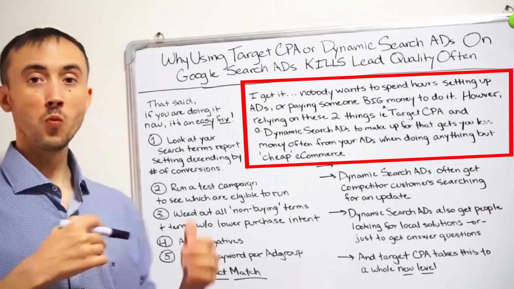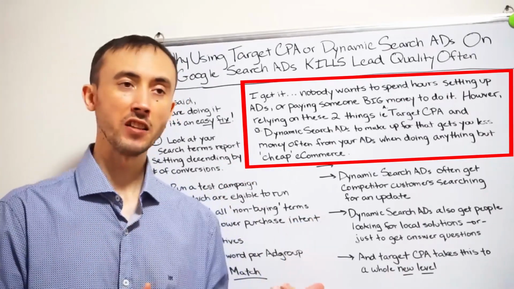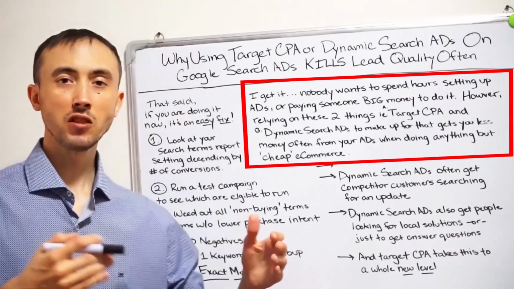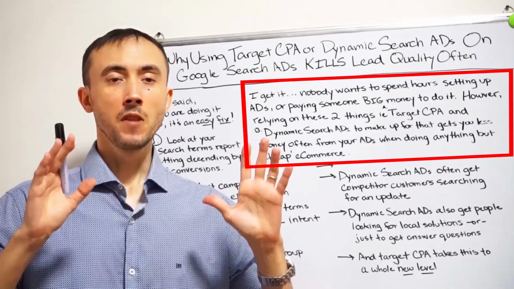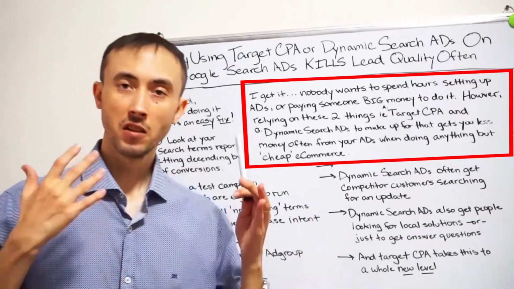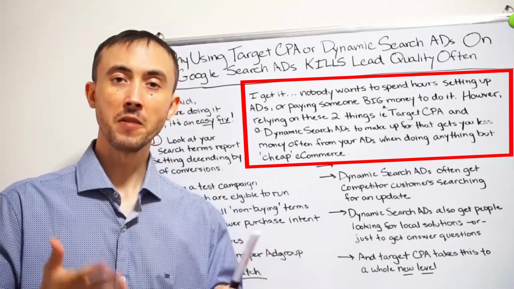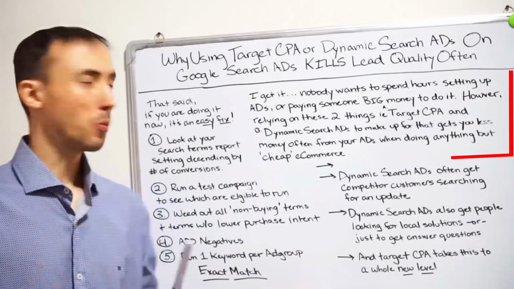And the reason why it's not as good on a more expensive item or where you're generating leads, there are actually several reasons why you don't want to do it. And you want to probably, even right away, or definitely if you don't do it now, strongly consider using a more manual approach.